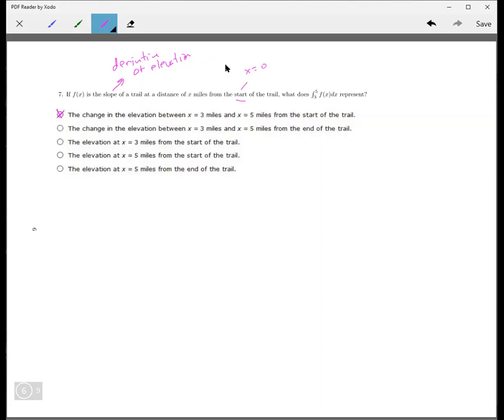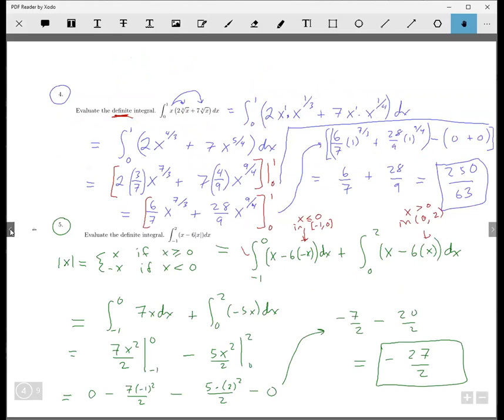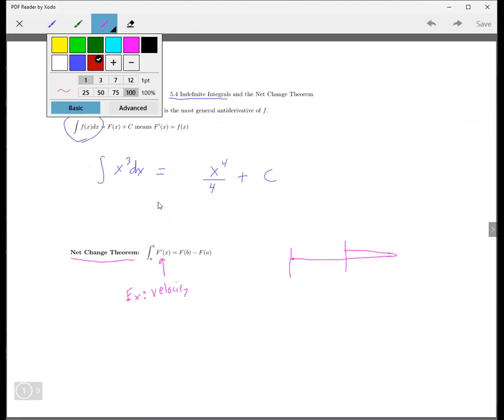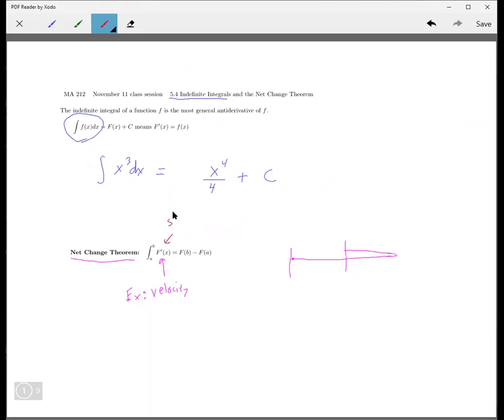Okay, and this also ties into the net change theorem. This can also be applied where this could be slope, and that could be elevation.